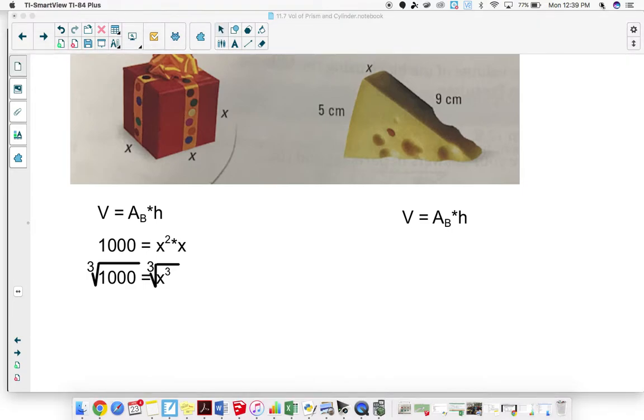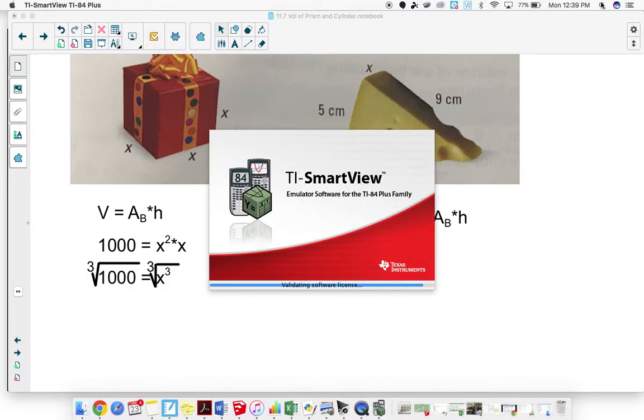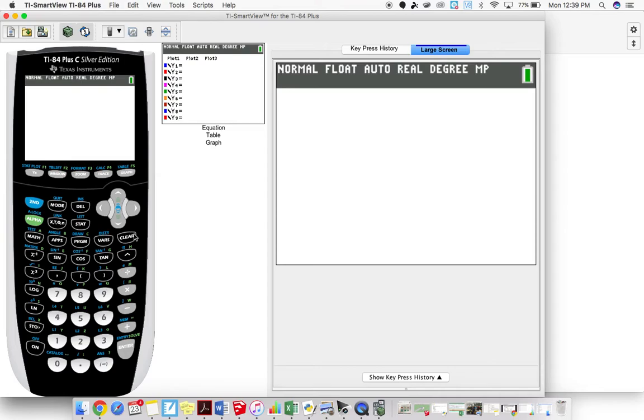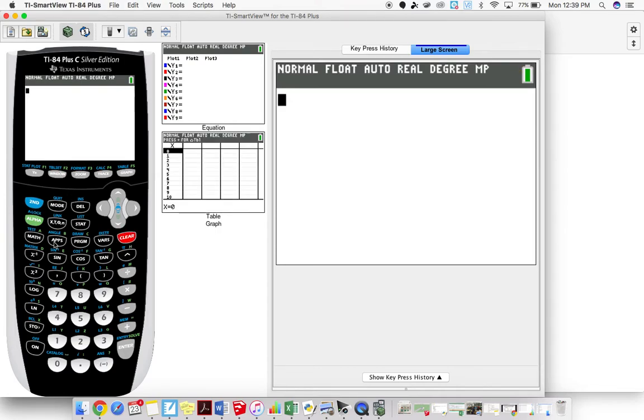Some numbers are really easy to get the cubic root of mentally. 1,000, some of you are probably already seeing it, but in case you can't, you can always use your calculator. The cubic root is under the math menu.